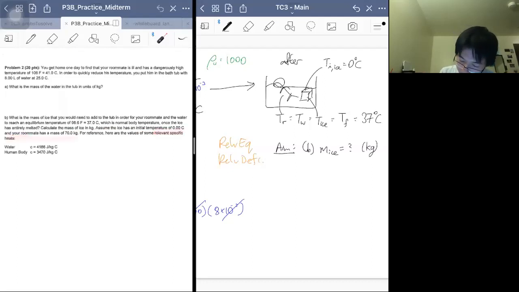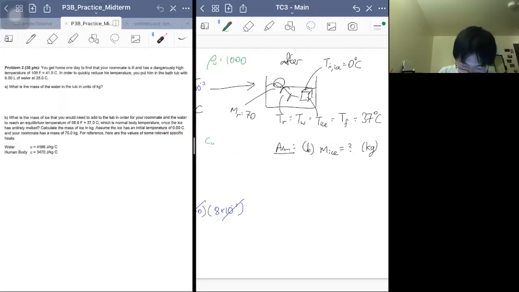And the mass of the roommate is 70 kilograms. Notice how I immediately don't write the kilograms because that's SI units. For reference, here are some of the specific values. Let me just copy over here so I don't have to look up again. So I'm given C naught.